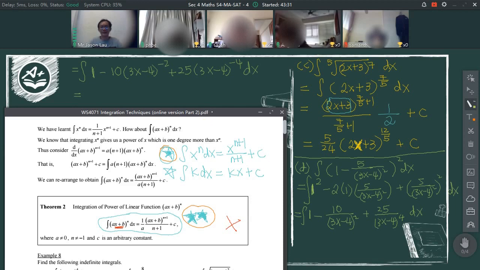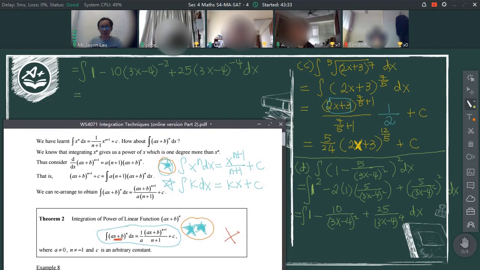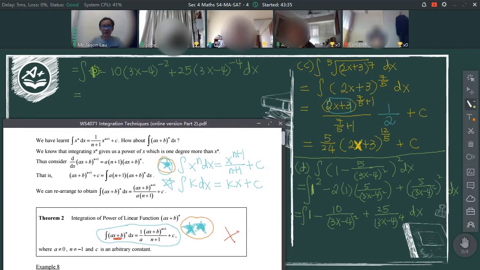Until this step, then you can do your integration. Then integrate 1 is x. Then the 10, leave it alone. Then integrate the linear power term.